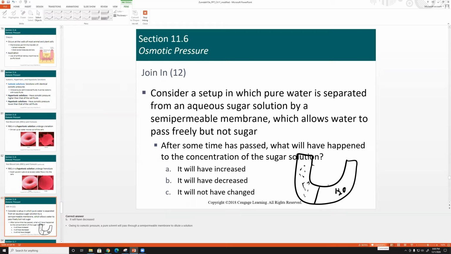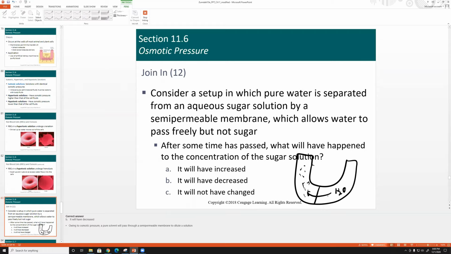So what will happen is the water will be like, oh, I need to equilibrate. This is too high a concentration over here. There's a large concentration gradient. In order to offset this gradient, and this will create osmotic pressure, the water will move because the sugar can't move here. If the sugar could move here, it would do that.